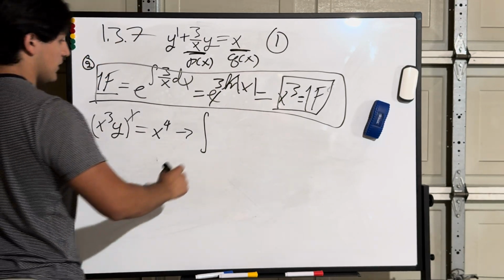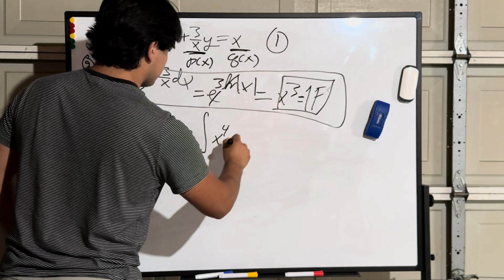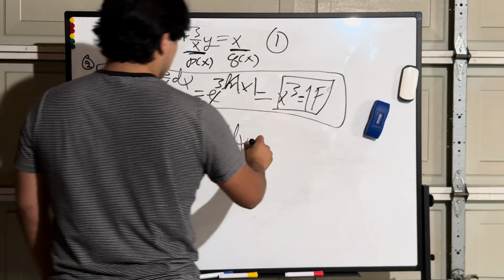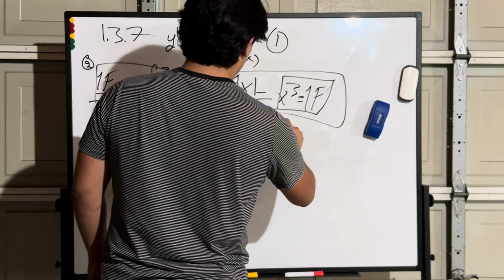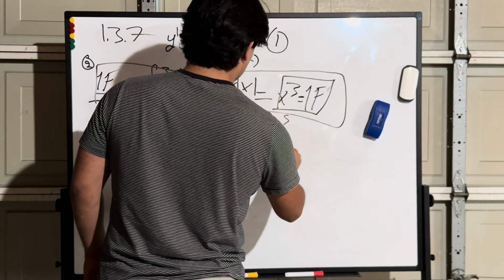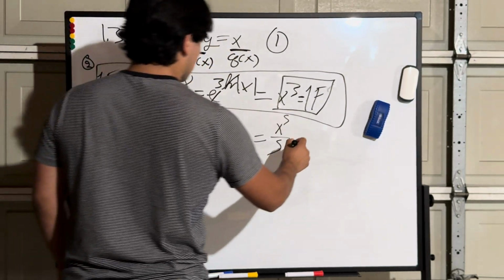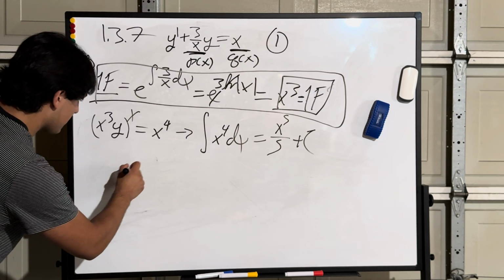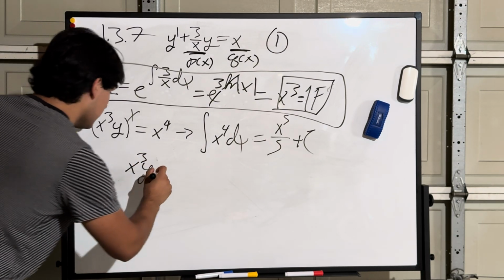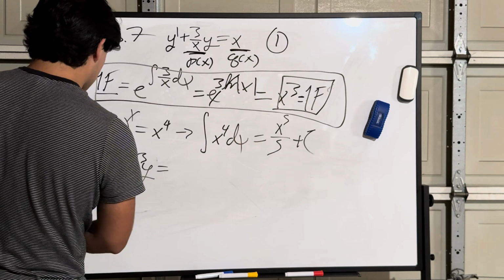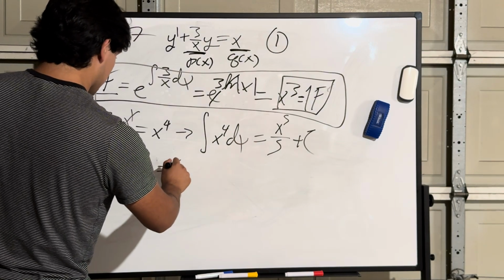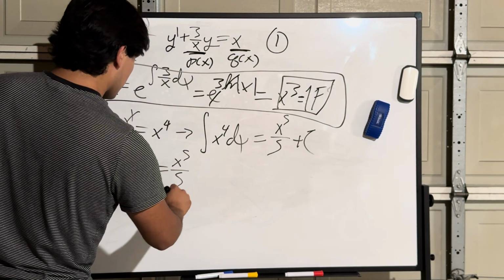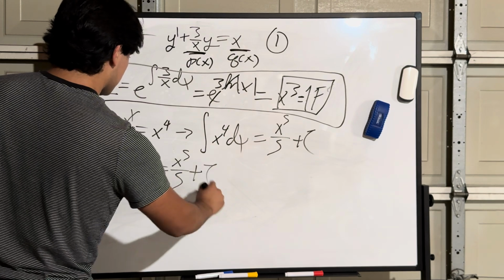Integrate x to the 4, which is equal to x to the 5th divided by 5 plus c. So now we have x cubed y equals x to the 5th over 5 plus c.